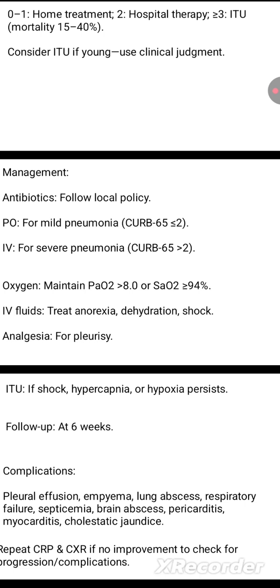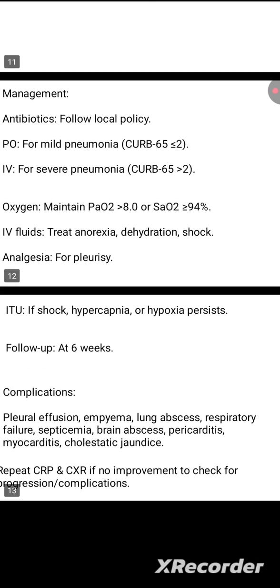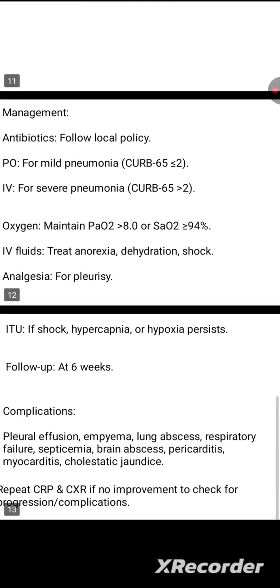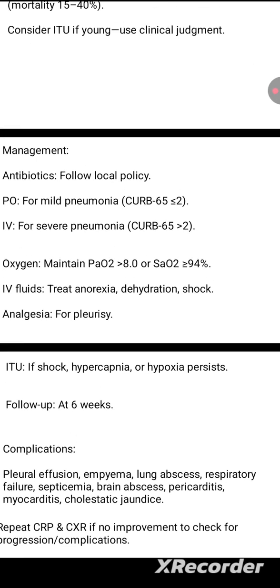If IV fluid is needed, treat anorexia, dehydration and shock. Then give analgesia. Put patients in intensive care unit if there is shock, or hypercapnia or hypoxia if it persists, and you can discharge to follow up at 6 weeks.